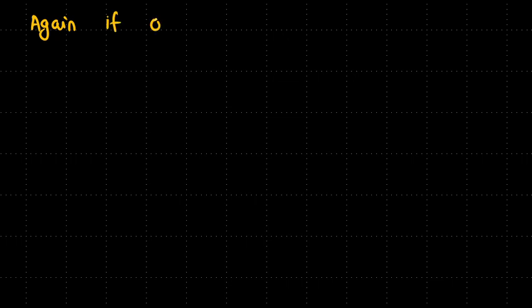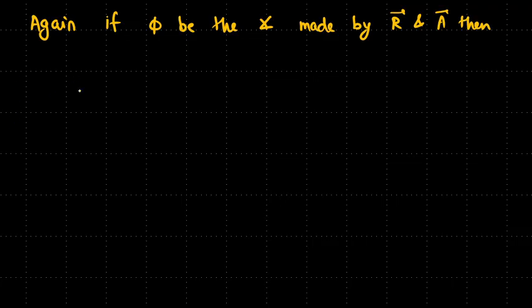Now again, if phi, sometimes I have heard phi, but I think it's phi, be the angle made by vector r and vector a, then we have, so if you remember the tan formula, which is tan phi equals, so we are making this with vector a, so a will be over here, so b will be over here, then sine theta by cos theta.